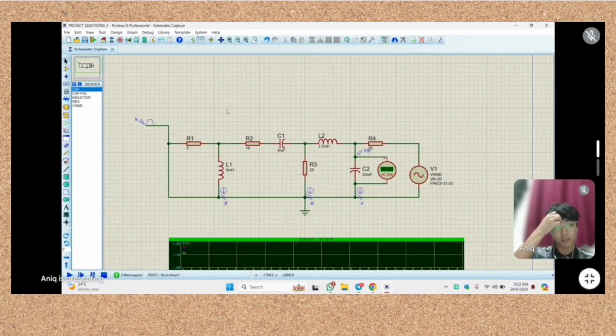If you look at my screen, this is the circuit of question 2. I want to make the simulation of my question 2, so I need to construct the circuit.